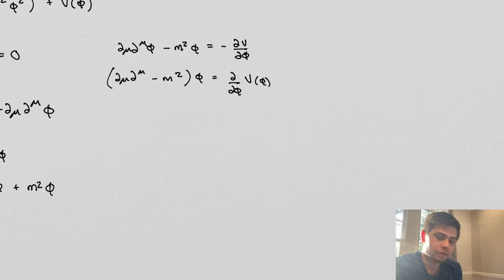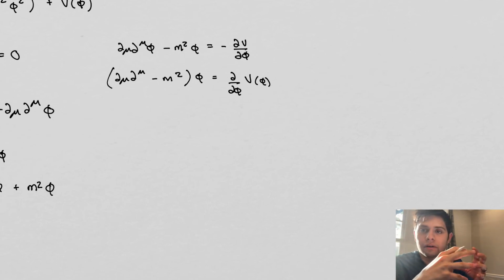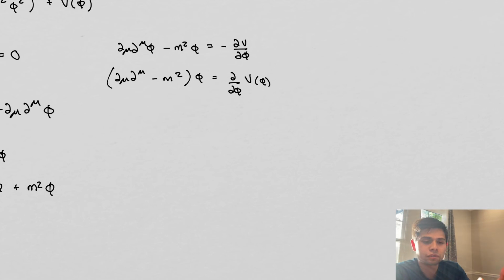This tells us that we can think of any function that fits this criteria, or that's a solution to this, right? So what does that mean? That means there could be multiple potential functions that satisfy this equation, right?